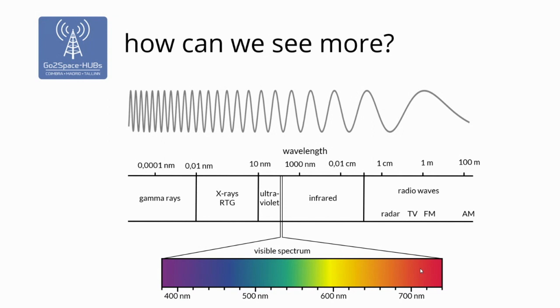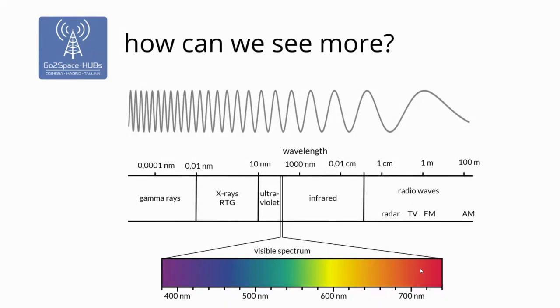But a lot of information is hidden somewhere else. Looking at something with our eyes, we can see that it's red or green or yellow. We can tell that vegetation turning from green to yellow means something, and we probably know what it means. But actually, a lot of information is hidden elsewhere, because as we know, when the condition of vegetation changes, the color of the vegetation changes as well.